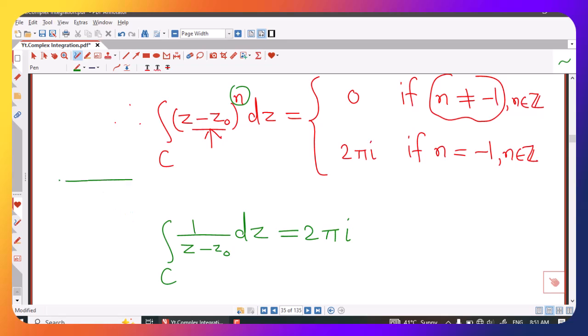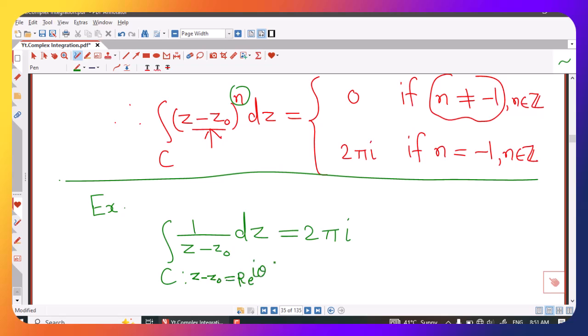So they can ask this separately also, they can ask you to find the value of this integral also. So the method is the same, you have to start with this parametric representation of the circle, which is r into e raised to i theta, and accordingly you have to convert everything in terms of theta, and you will be able to prove this for n equal to minus 1 separately also.